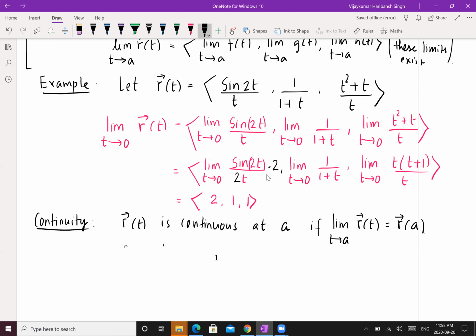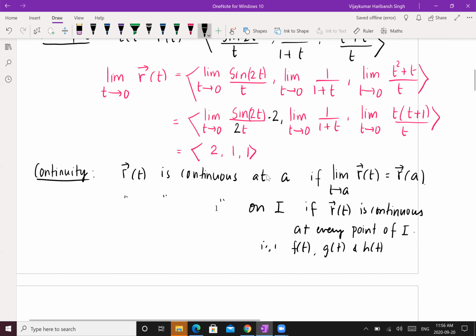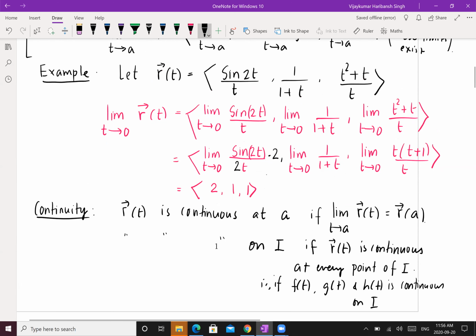And r of t is continuous on I if r of t is continuous at every point on I, that is, f of t, g of t, and h of t are continuous on I. So this is the idea behind continuity and the limit.